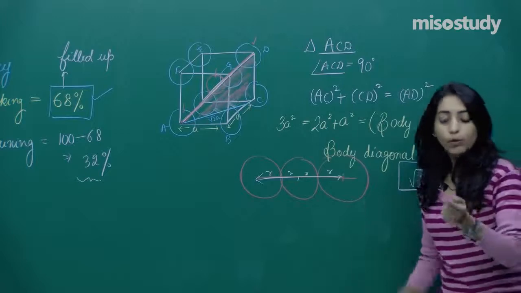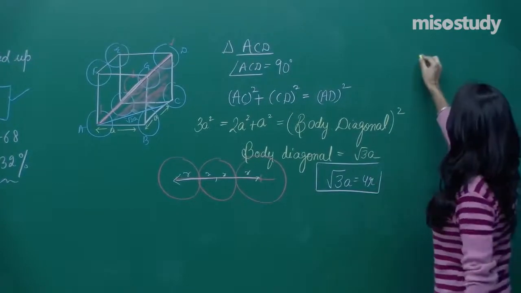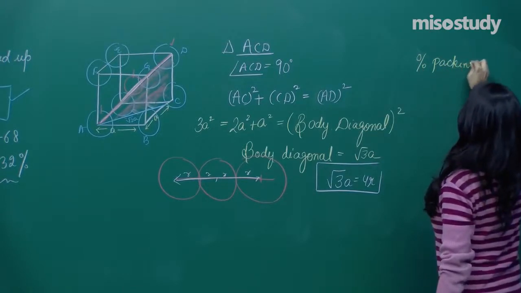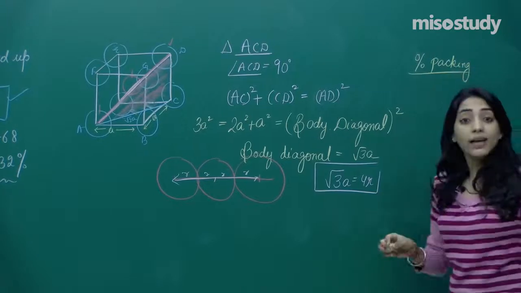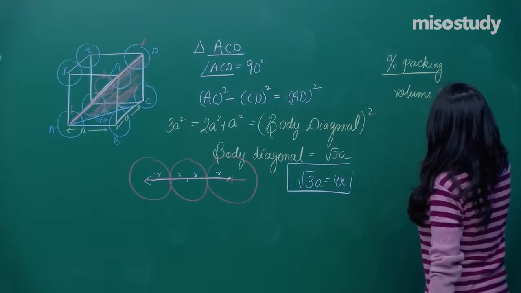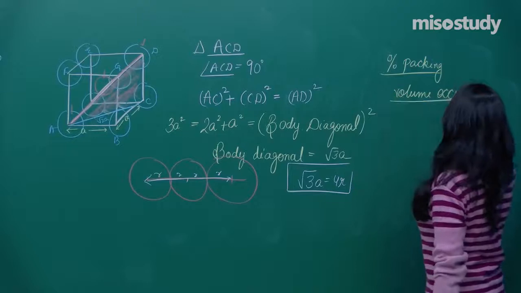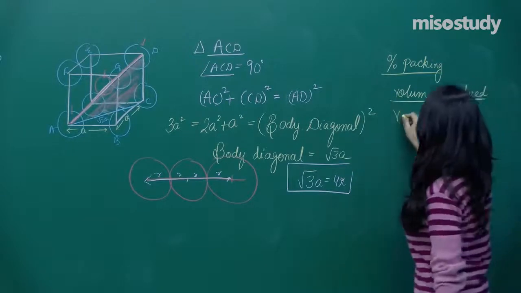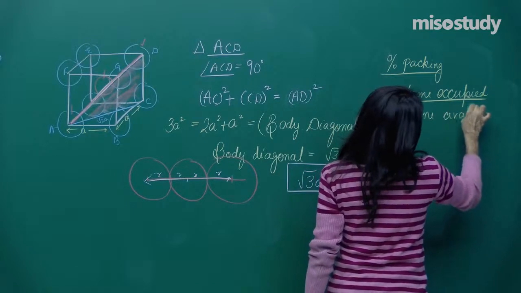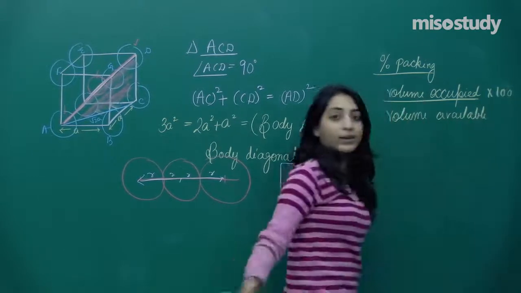Fine. Moving further, how do we calculate the percentage packing? So percentage packing is basically calculated as volume occupied divided by the total volume available, multiplied by a factor of 100, right?